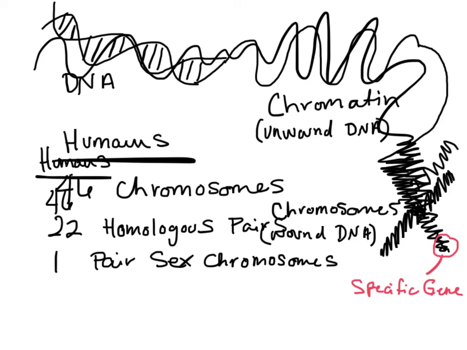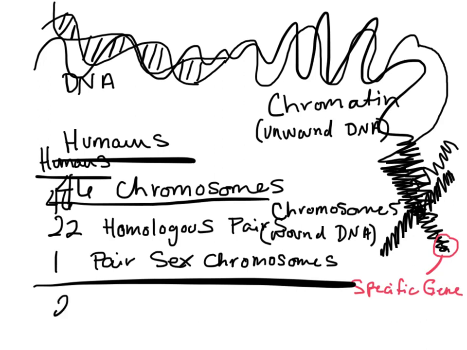So we have 23 pairs, right? Out of the 46 chromosomes, how many did I get from my mom? I got 23 from my mom and 23 from my dad.